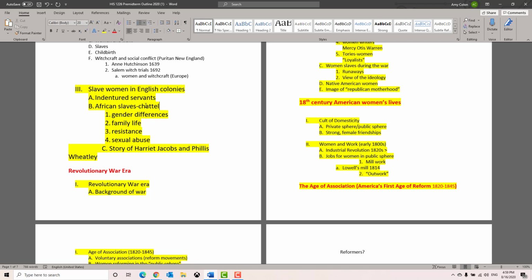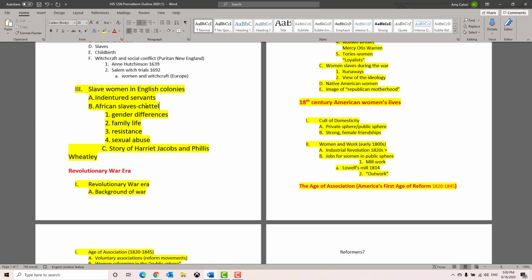Chattel means movable property. So even though African slaves may have been treated more like indentured servants in the beginning, in a few years, colonial laws changed, stripping them of rights and freedoms, turning African slaves into chattel slaves. And chattel slavery became a lifetime slavery situation. It wasn't limited like the indentured servitude. And it was hereditary.